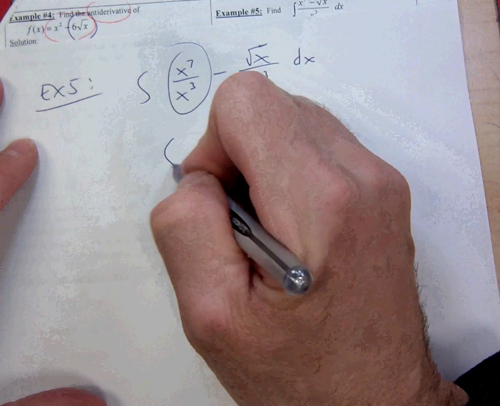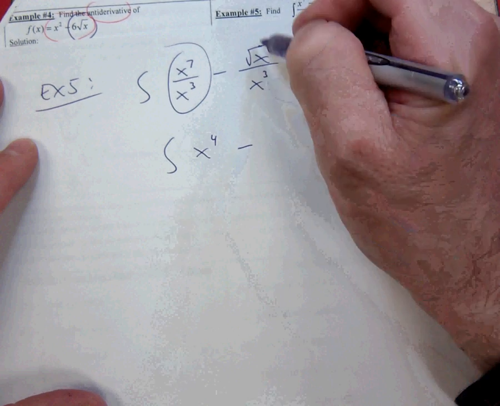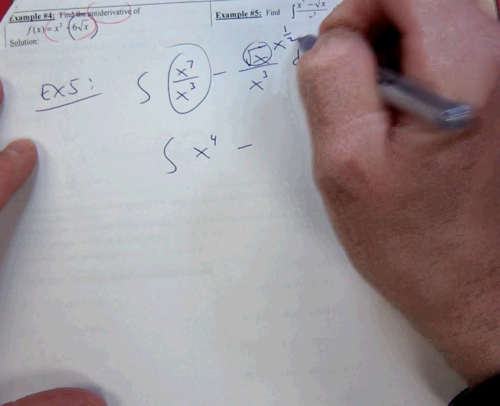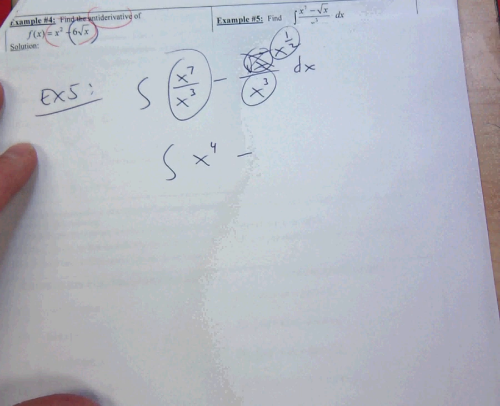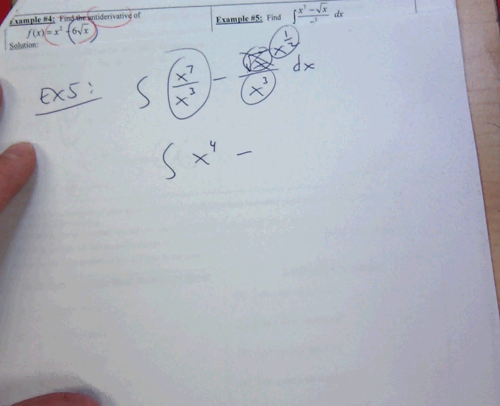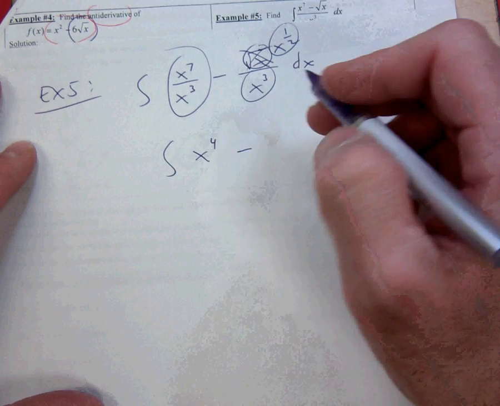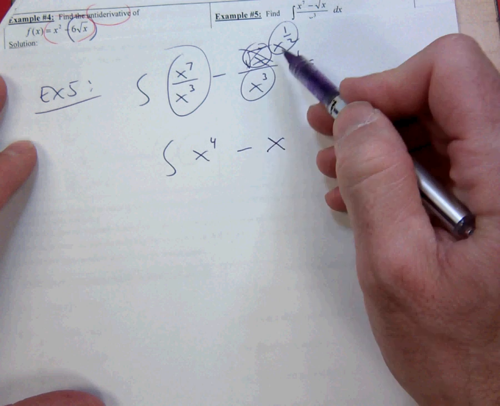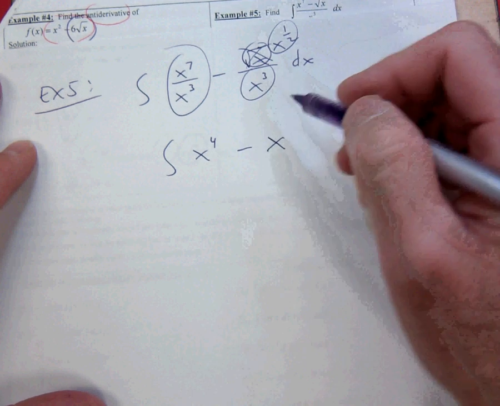And by the way, algebra 1 allows you to combine those into x to the 4th, doesn't it? And then you can think of this as x to the 1/2. And so again, when I combine those, don't I subtract the exponents from top to bottom? Isn't that the algebra 1 rule? You take the 1/2 minus the 3, which gives you x to the what? Well, 6. Isn't this the same as 6 halves? So a half minus 6 halves is what?